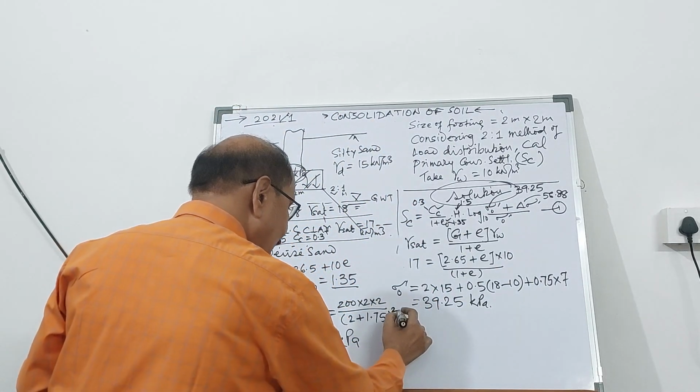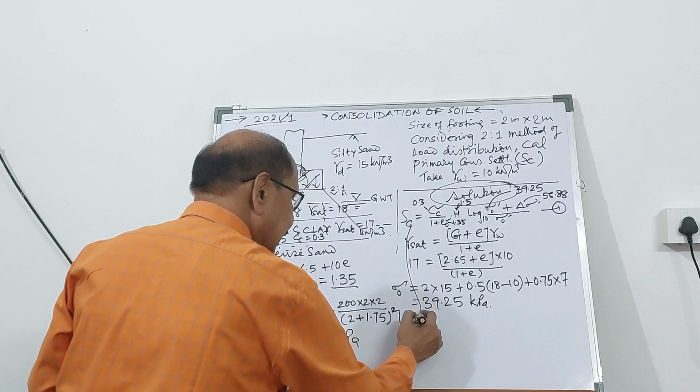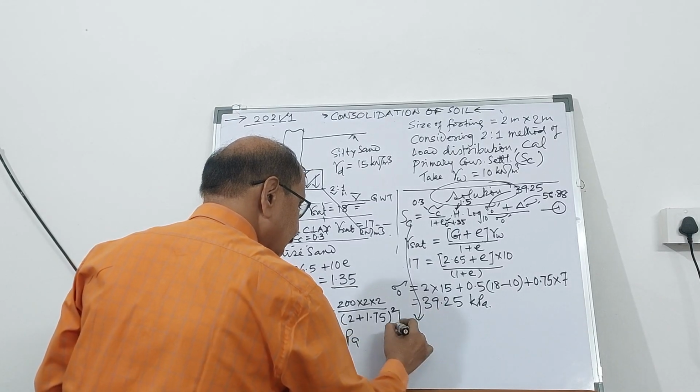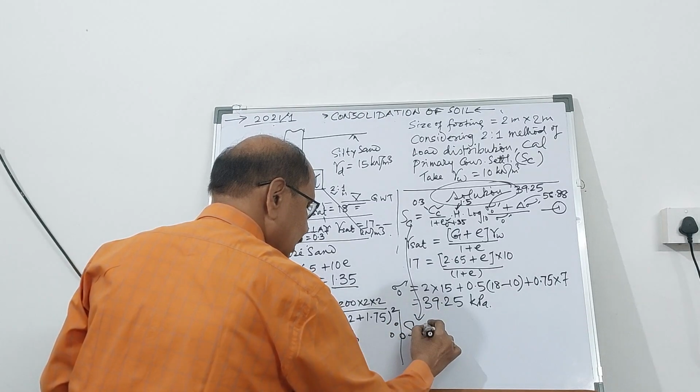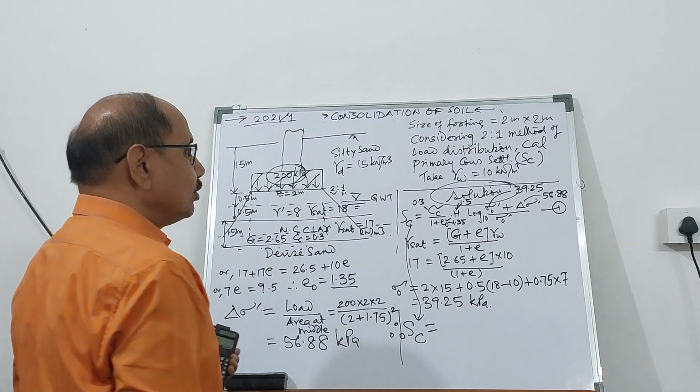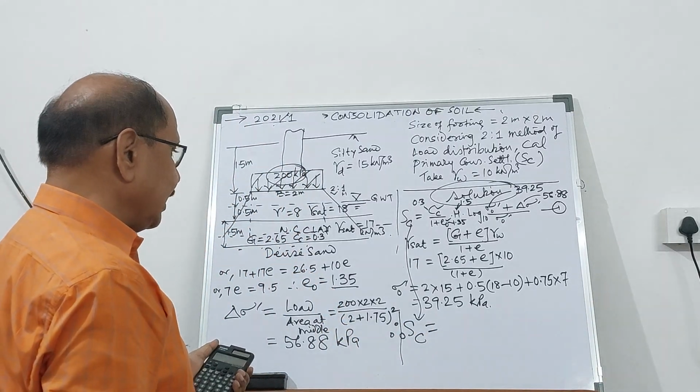Therefore, now finally I can calculate the primary consolidation settlement Sc.